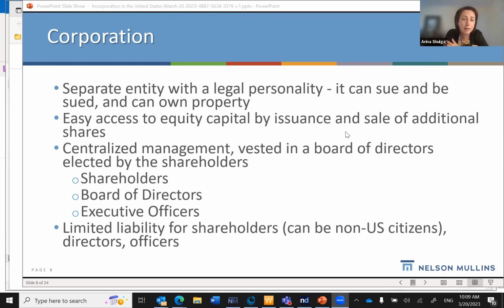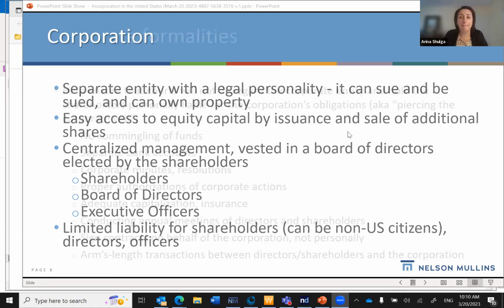At any given time, the board can fire executive officers, but also shareholders elect directors to the board at the annual meetings. And if bylaws so provide, then they can actually fire directors from the board as well. So that's how a corporation works.